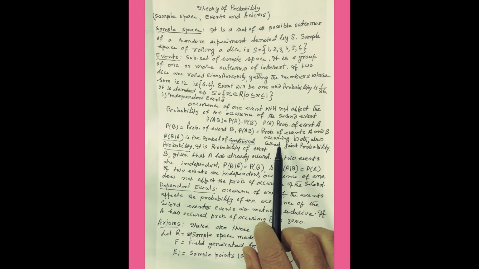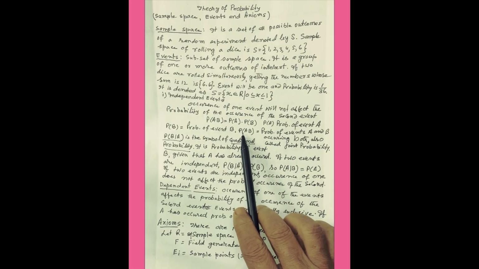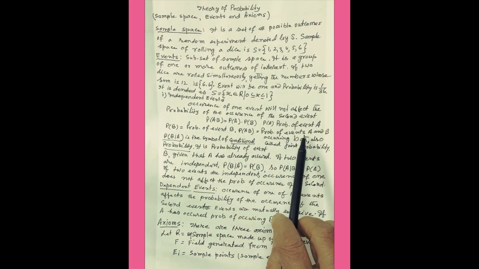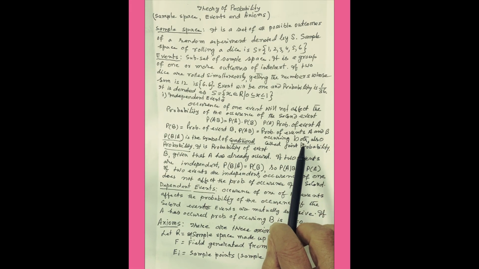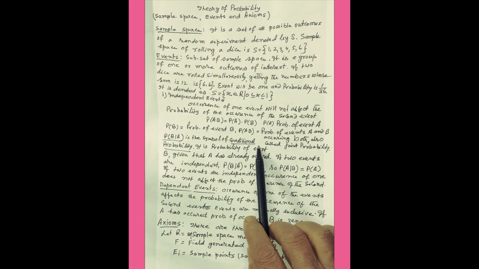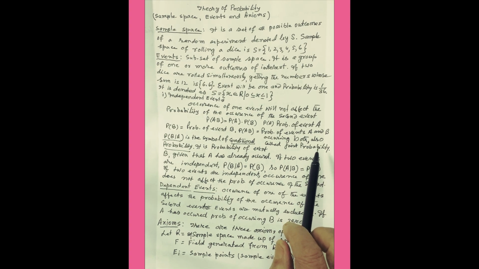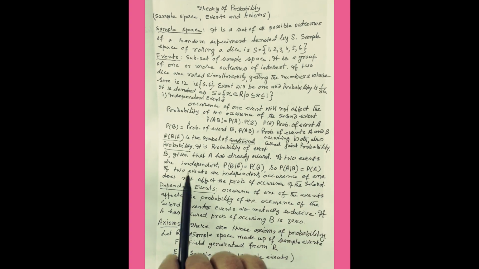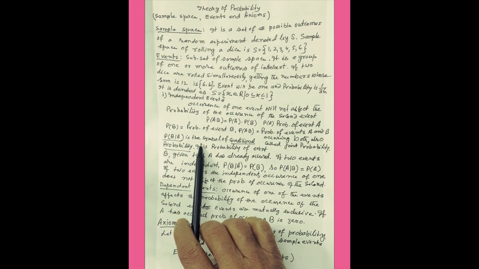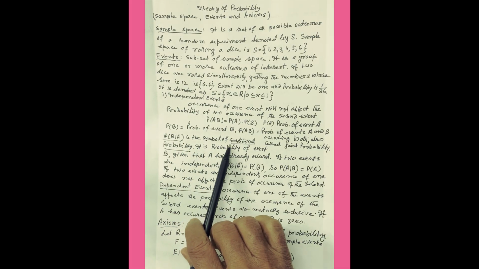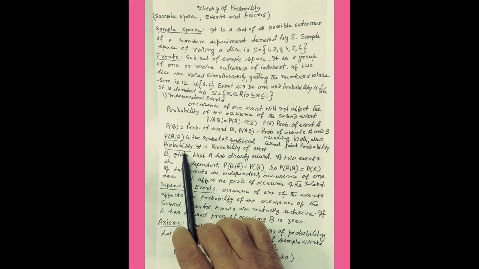So probability of AB means probability of events A and B occurring both. This is also called joint probability. And P(B|A) is the symbol of conditional probability.